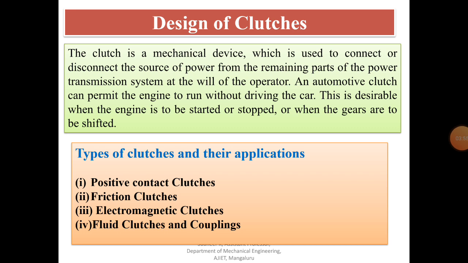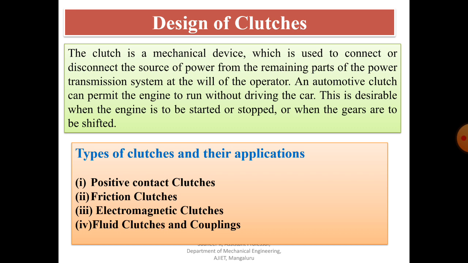It is necessary when the driven shaft should be disengaged from the driving shaft. The engagement and disengagement of the shaft is obtained by means of a clutch, which is operated by a lever. That is the basic introduction about clutches.